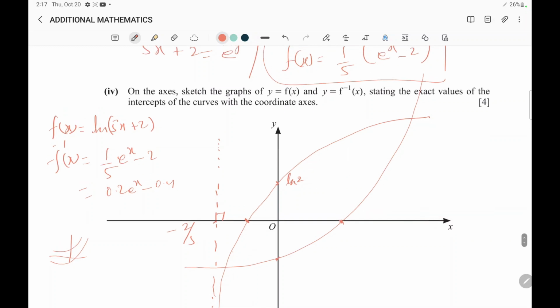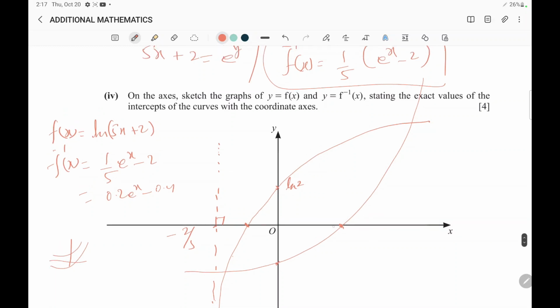Yeah, so we have to find this value. Here we know y is 0, right? So can we make y 0 here? Or you can say, it's a mirror image. So if ln 2 is here, then ln 2 will be here.